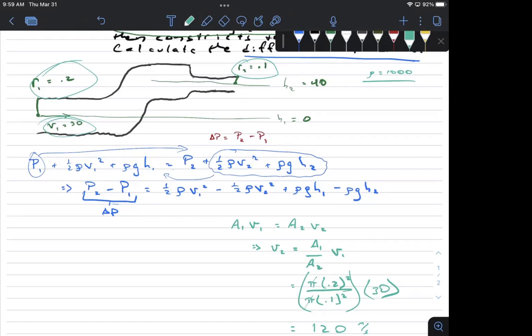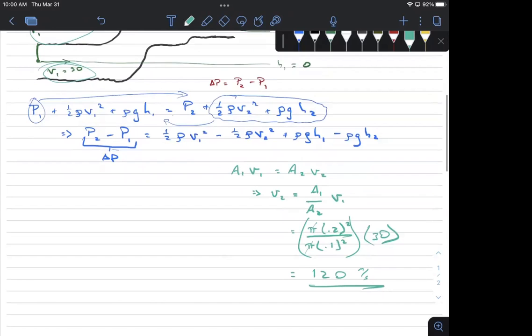When you enlarge a pipe, the fluid velocity goes down. Here, I had a pipe, I constricted it, so I expect the new velocity to be bigger than the original velocity. What did I find? I found the new velocity to be 120, the original was 30. It is bigger, so it seems okay to me.